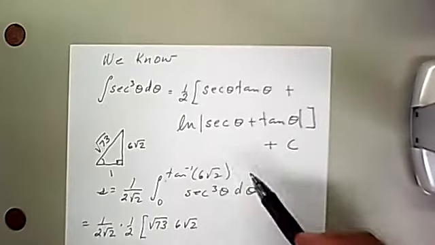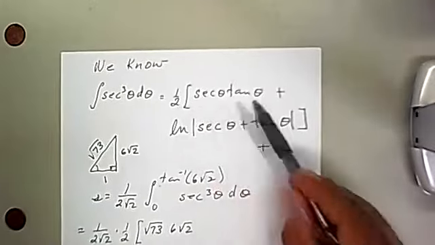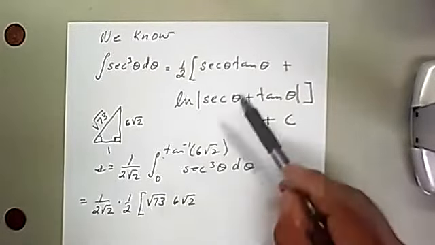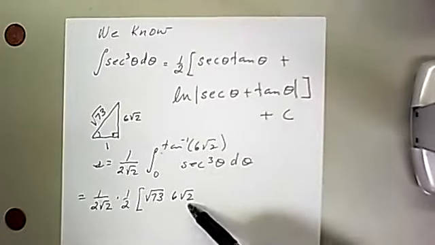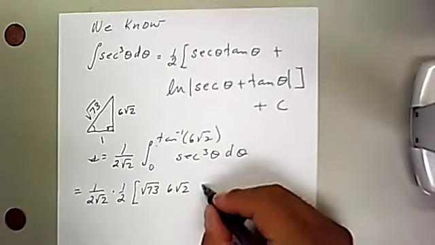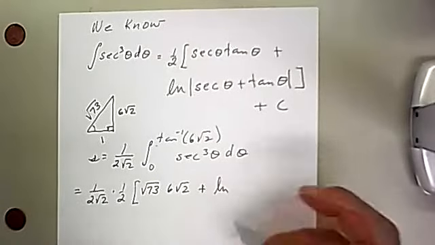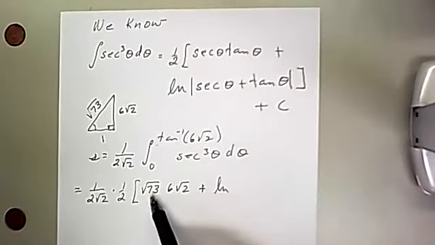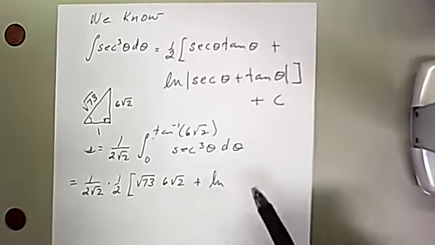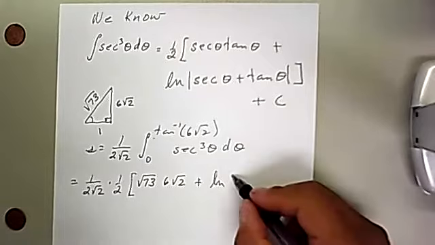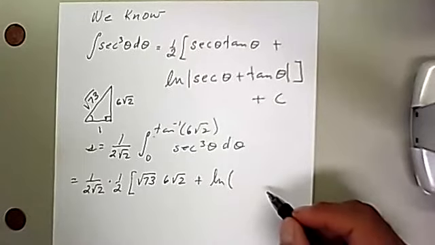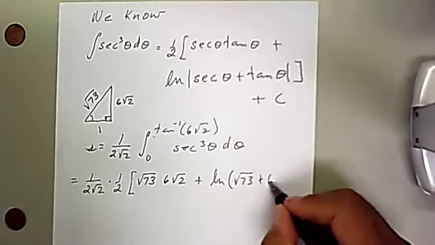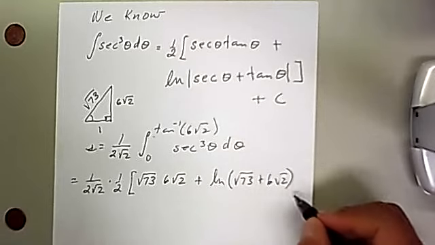So again, we're following this formula up here. 1/2, there's a 1/2. Secant, there's a secant. Tangent, there's a tangent. Plus the natural logarithm of those two numbers, secant and tangent. Same numbers as down here. Since those two numbers are positive, there's no need to put absolute value. So we have the square root of 73 plus 6 times the square root of 2, close parenthesis.